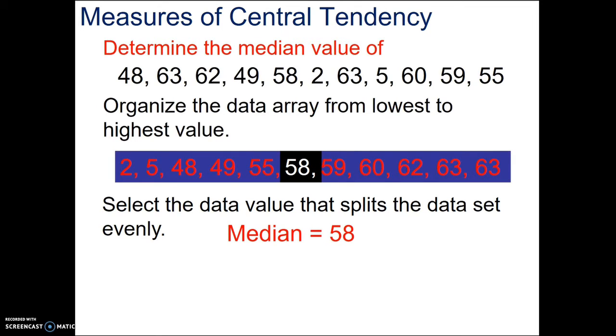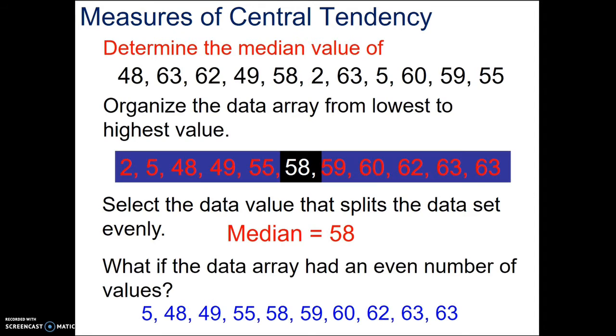And so that gives us a little bit of a different idea as to what that middle point is. Now, we had 11 in our data set, which is a nice odd number, which means there is one number that is precisely in the middle. If we have a data set that has an even number of values, so if I look at this, say we got 1, 2, 3, 4, 5, 6, 7, 8, 9, 10, what I would do is find that middle spot. 1, 2, 3, 4.